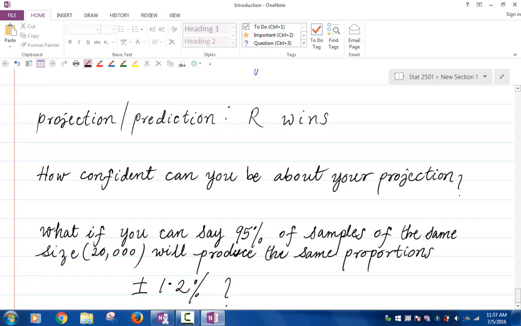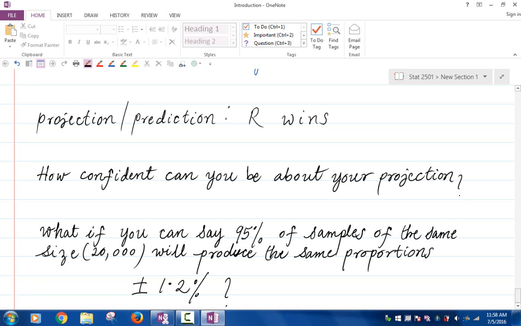So think about if I can say that 95% of the samples, if you look at all the samples of size 20,000, will produce the same proportion that we got, up to 1.2%. Does that make sense? Almost all, 95%.